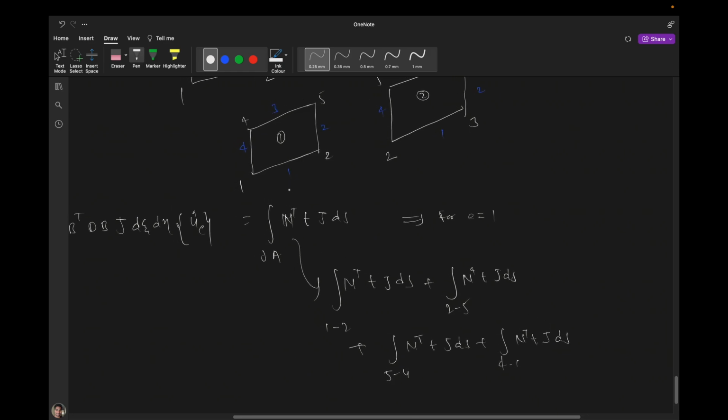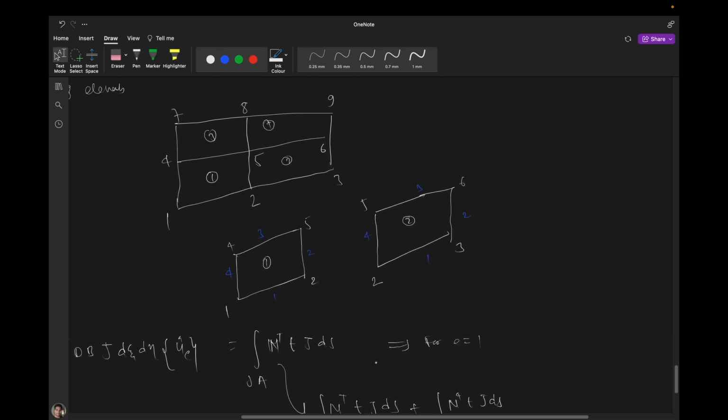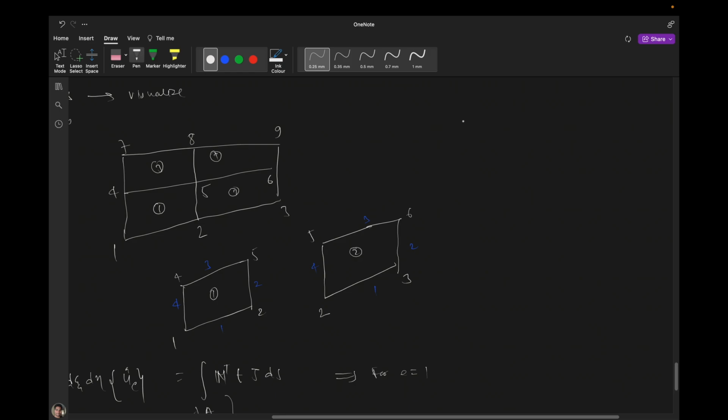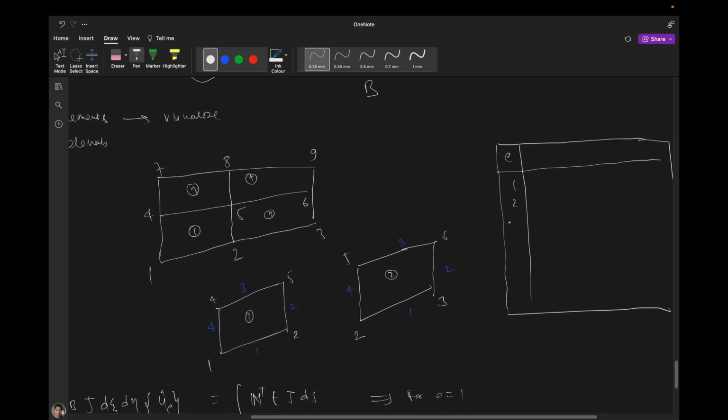Okay, so for the same shape function it will do something like this. What we are doing is creating an edge matrix, where for each edge of each element... how many elements are there?